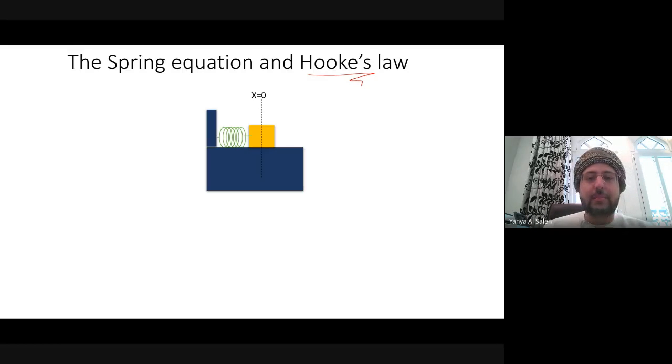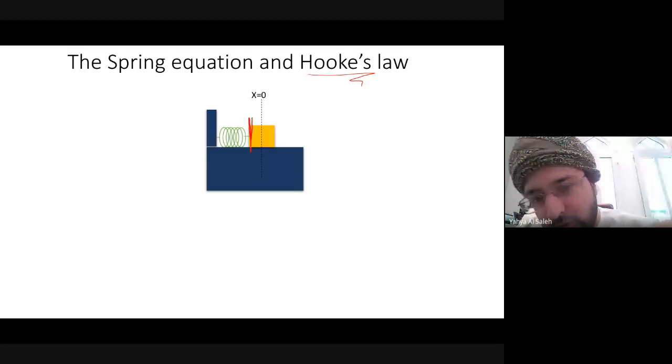What is that? Imagine a spring. When you're not pulling it and you're not pushing it, it's going to be in a natural position, the position it's naturally happy in.